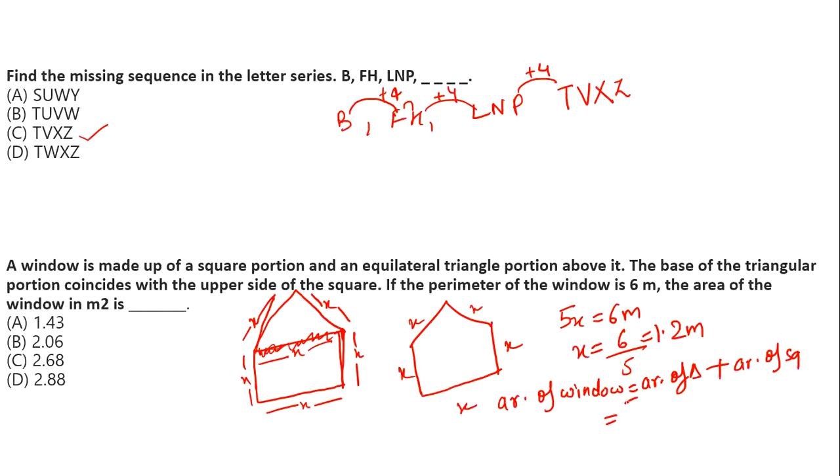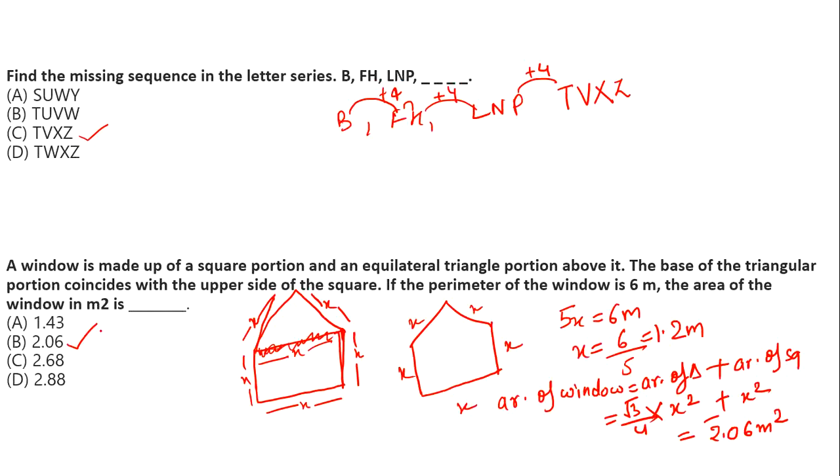It is root 3 by 4 times the square of the side, so it is x square, and then the area of the square is side square, so that is x square. If you do further calculation by putting the value of x, that is 1.2, here and here as well, after doing all the calculation, we will get 2.06 as the answer. So 2.06 meter square is going to be our answer. So option B is correct, right?